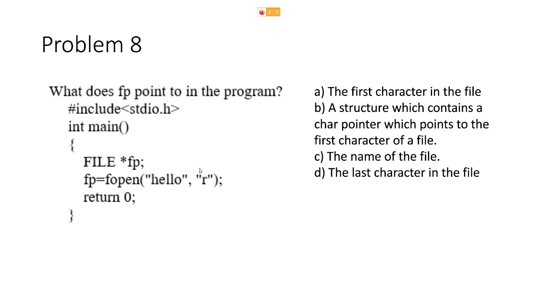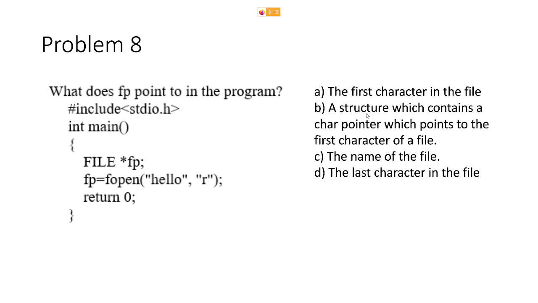It has other information also: when you first open a file, it will point to the start of the file, which is the first character. As you read the file, that pointer will change and that information will be there in the structure.